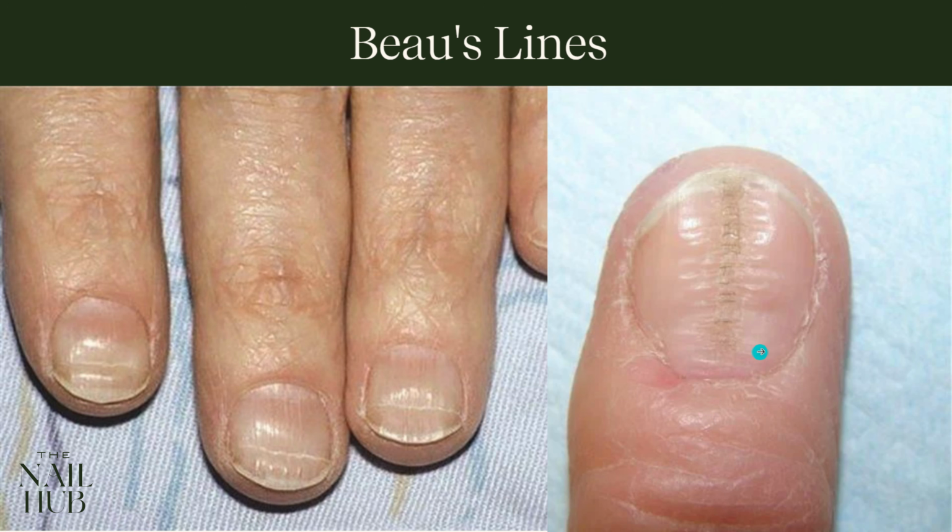You can put product over this, but it is going to add a couple challenges because we don't want to try and remove all of this texture because again, we can actually end up filing through. Same thing with ridges. We don't want to try and make that nail perfectly smooth because we can ultimately end up thinning the nail plate way too much. You can also see that the nail is also kind of thinner in this area. Same thing, usually in the ridge, it's kind of a valley.